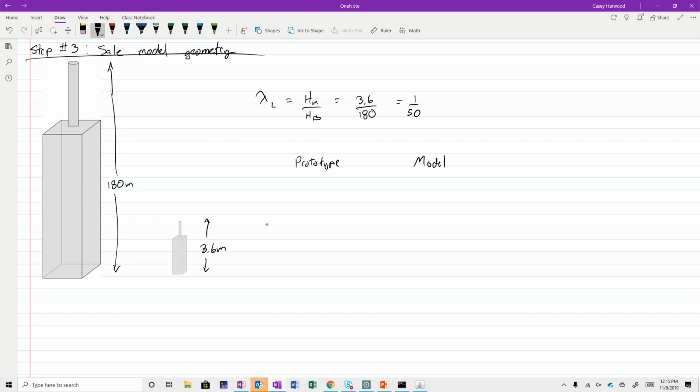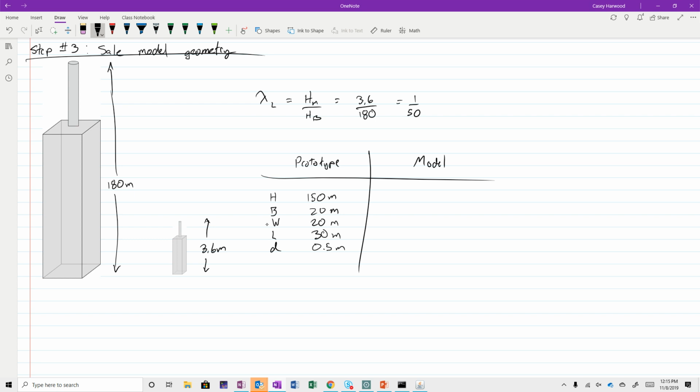So we could write out a table of dimensions here that says H, B, W, L, D. The prototype H is 150 meters, B is 30 meters, and the diameter of that smokestack is 0.5 meters.